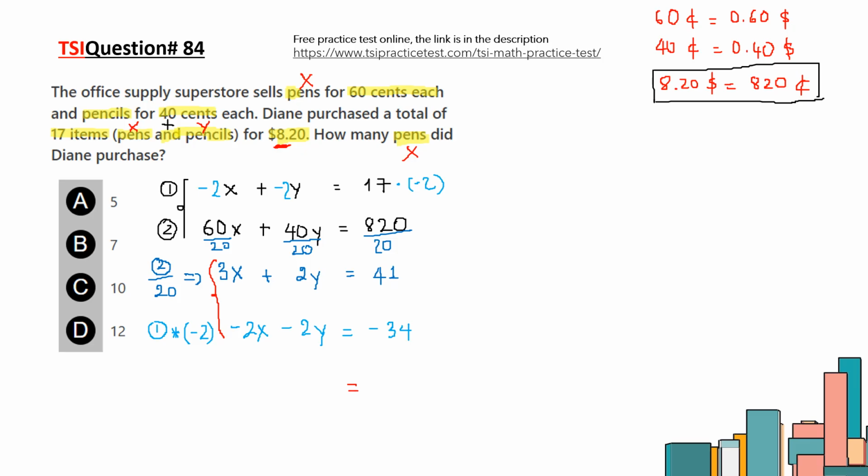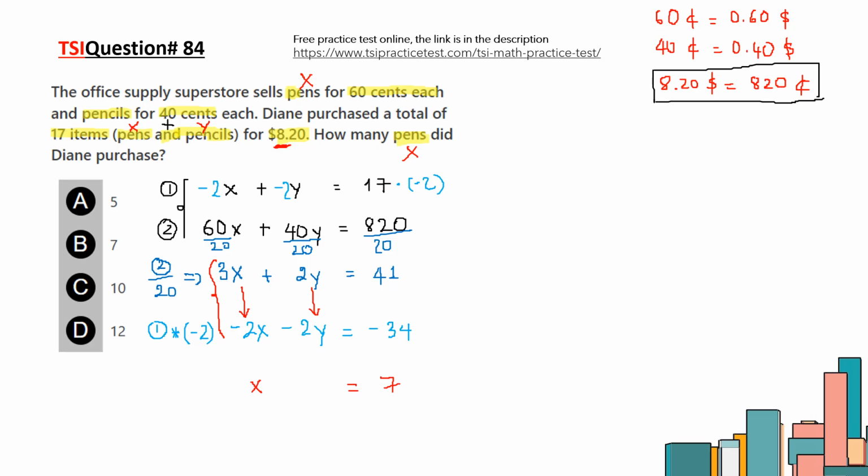On the left-hand side, I have 3x minus 2x, which is x. 2y minus 2y is gone. 41 minus 34 is 7. So x equals 7.